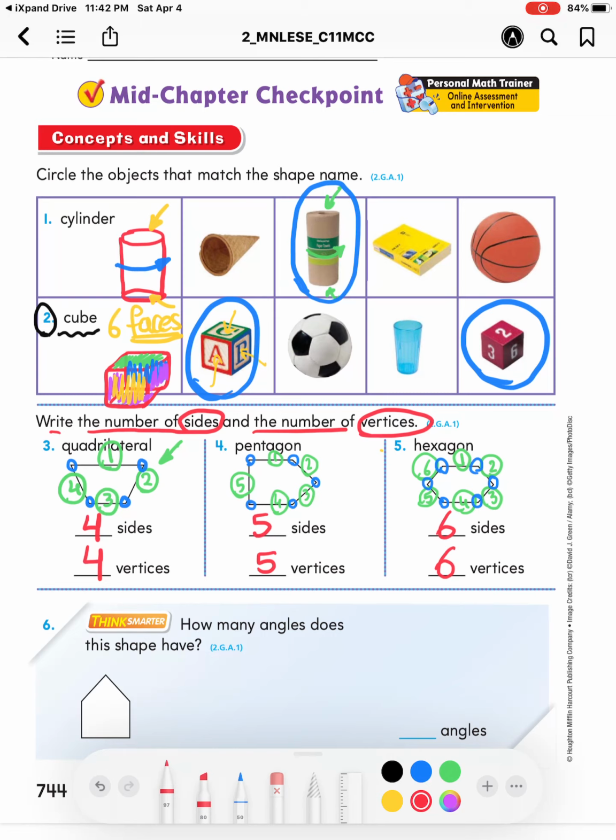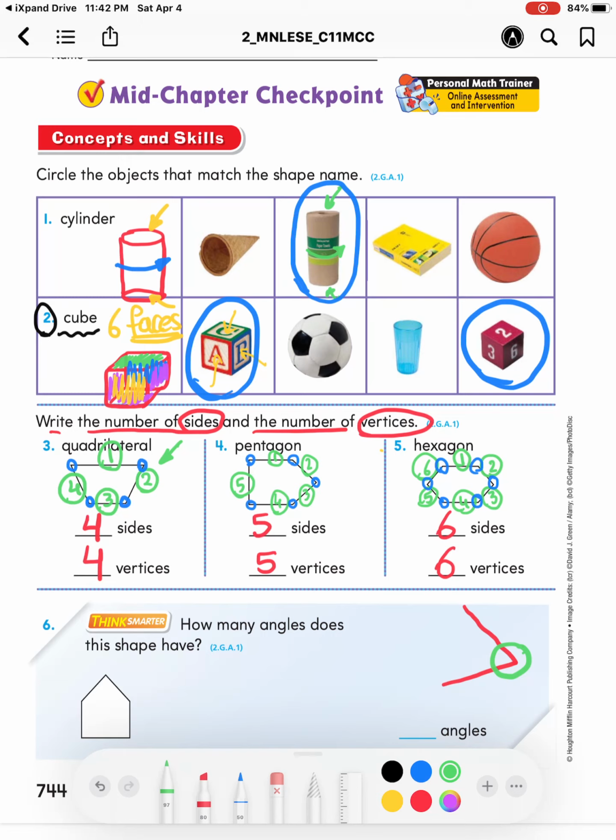Okay, now let's see the last question. How many angles does this shape have? Okay, now we have explained before that an angle is created when a side meets another side. We got an angle here.